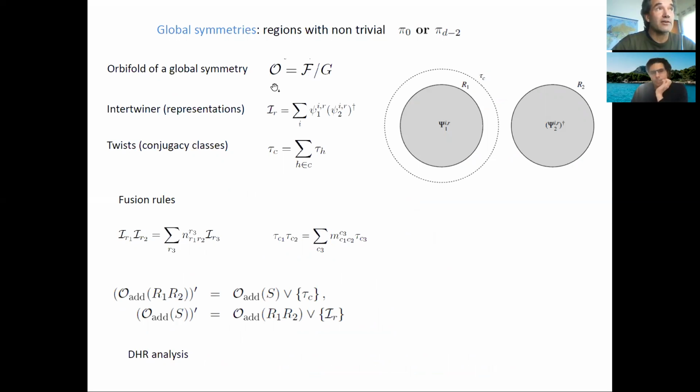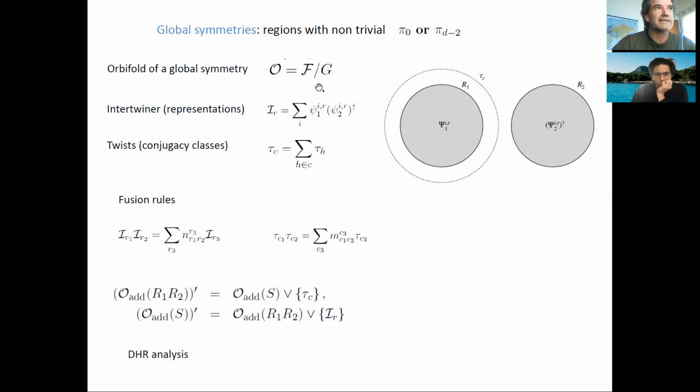There is a theorem by DHR that tells you that if you have this orbifold kind of algebras, you can always find another theory, the F theory, which has charged operators in such a way that this F theory doesn't have the algebra region problem, and you can form the O theory by just taking the quotient with respect to the group.